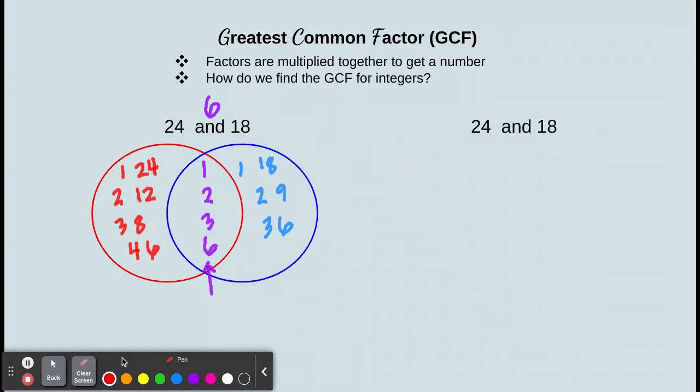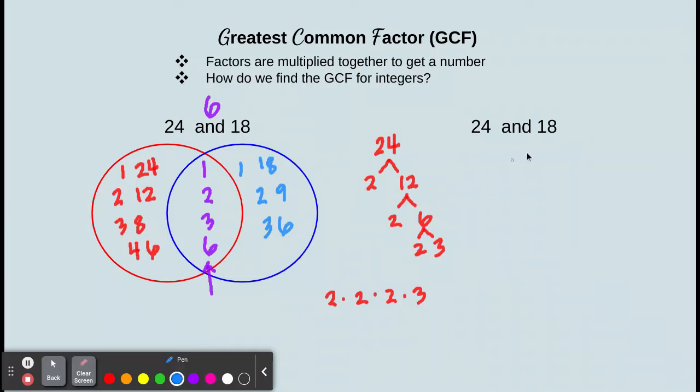Now, the other way we can find the greatest common factor is to use our prime factorization. Remember, that looks like this. So our prime factorization of 24 ends up being 2 times 2 times 2 times 3.